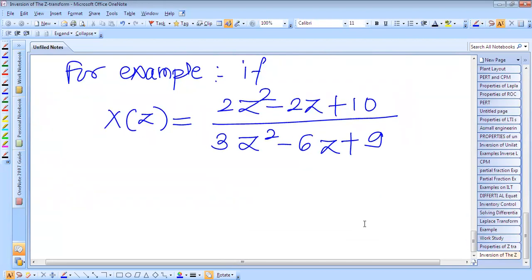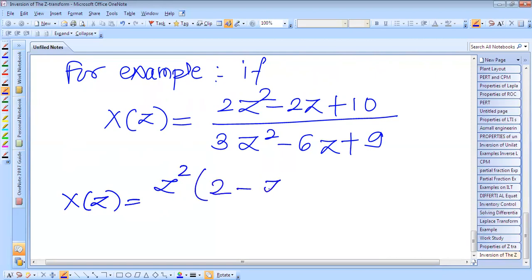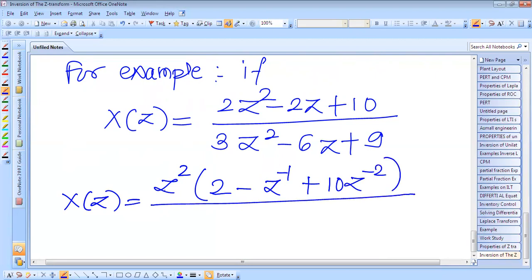Then we factor z squared from the numerator and 3z cube from the denominator, and thus we write: X(z) is equal to, take outside z squared, so in the bracket there will be 2 minus z raised to power minus 1 plus 10 z raised to power minus 2, divided by, take here 3z outside.